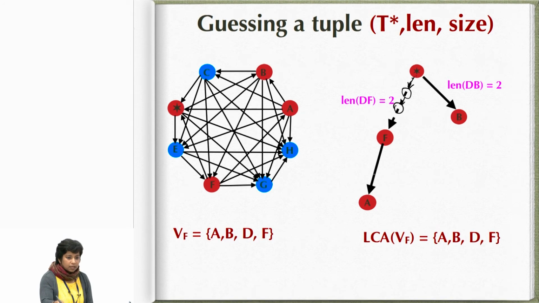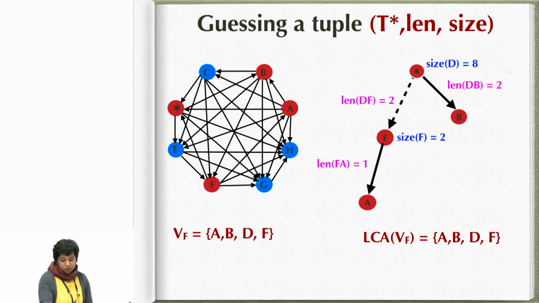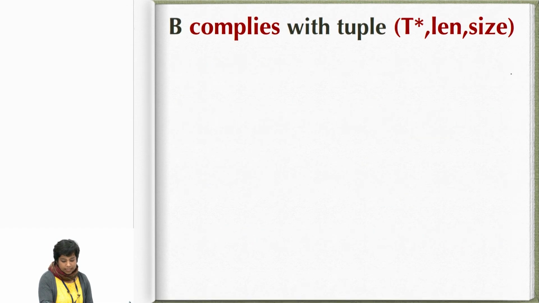I need to find 2 vertices to place in this path, so that I get one long path from this guy to this guy. Similarly for this and this, say I have guessed the length to be 1, and this is again length 2, then this is size D and so on. This was just a running example.